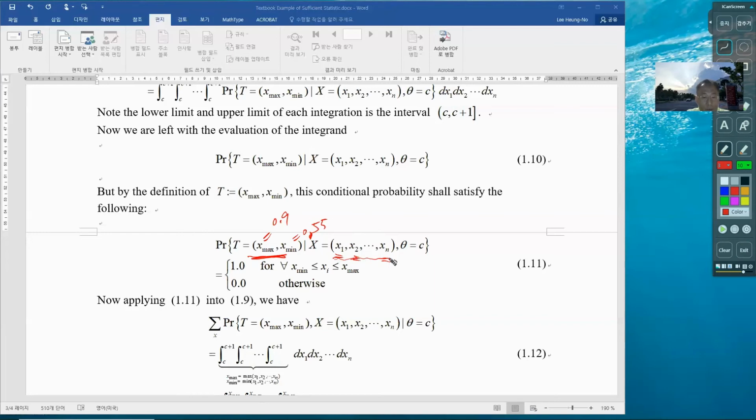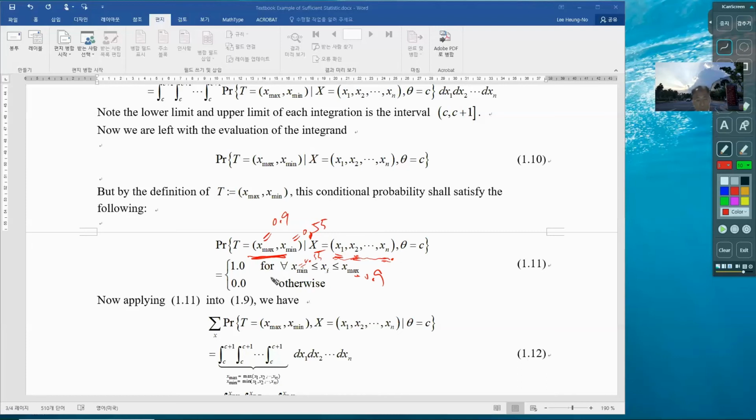If these numbers are outside of this range, right? Like here, 0.55 and this one, 0.9. If any one of them is outside of this range, it should be equal to 0, okay?